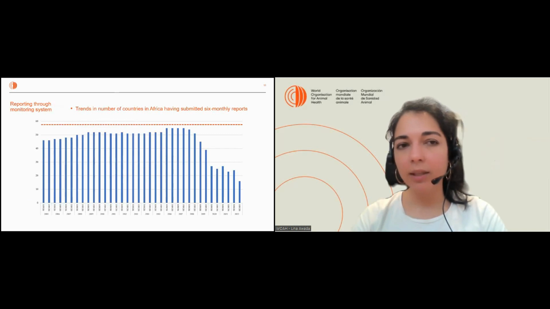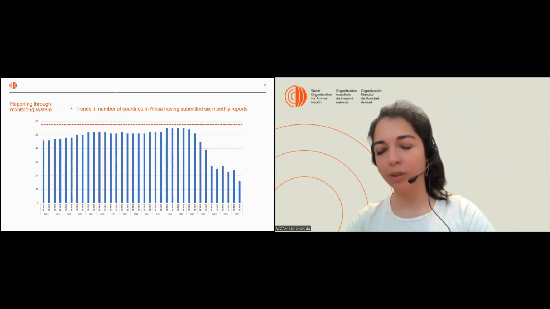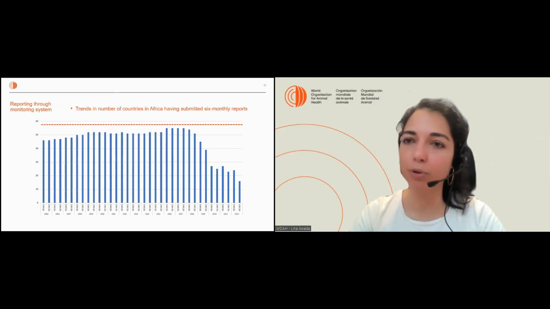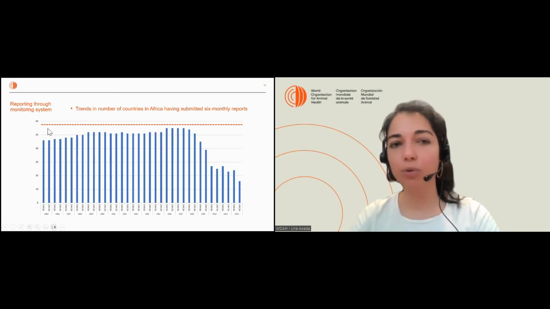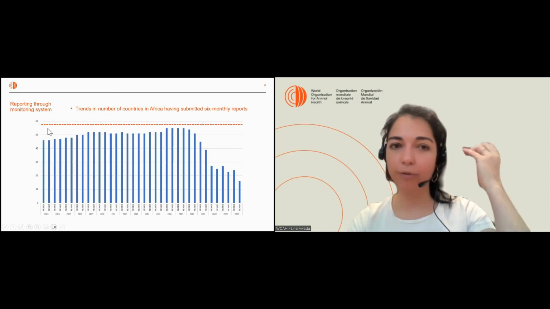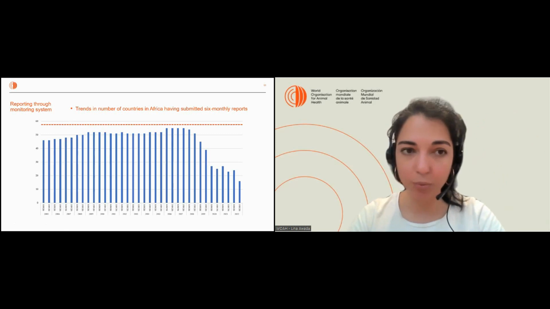So again, it's important to remember that we are not only asking members to report when there is something exceptional, but we also ask members to report every 6 months on all the situations, including stable situations. And this is done through 6 monthly reports. So when we look at Africa, the dashed line on top shows what we expect in terms of number of countries submitting reports to WOAH in Africa.